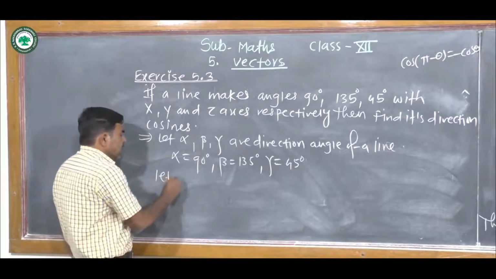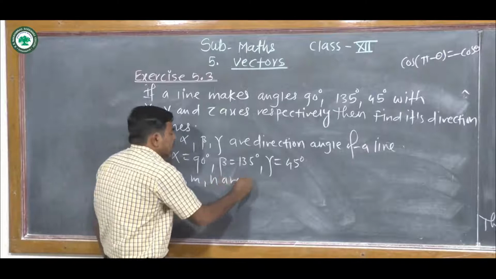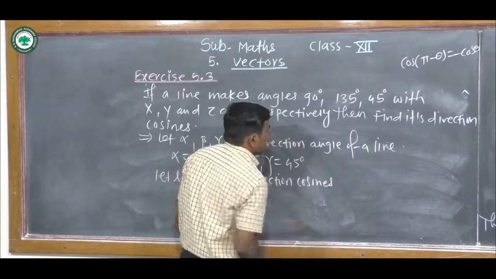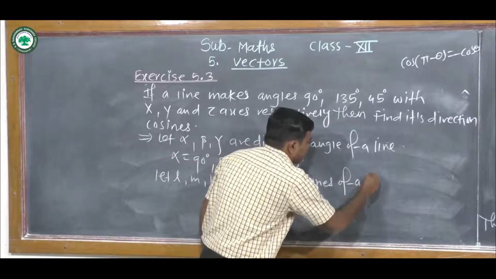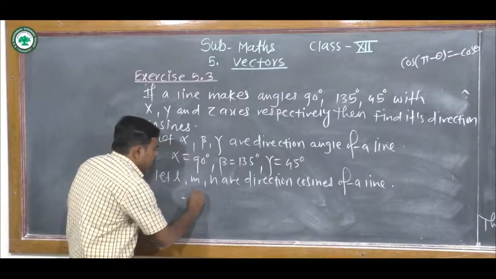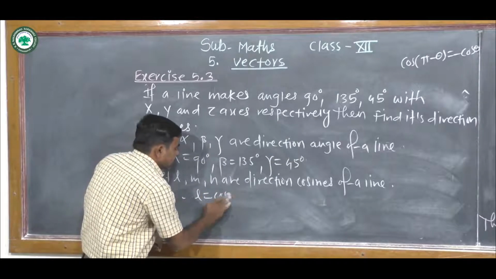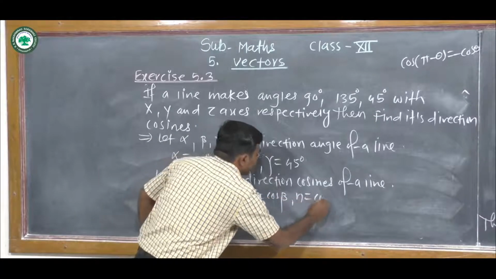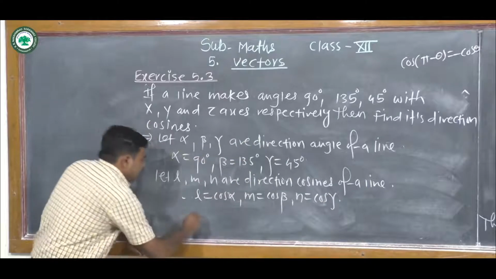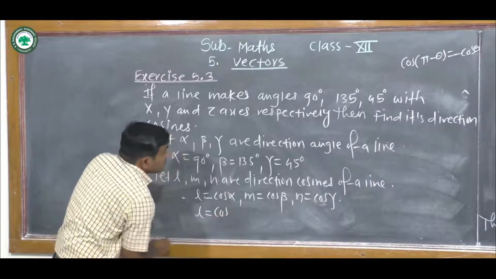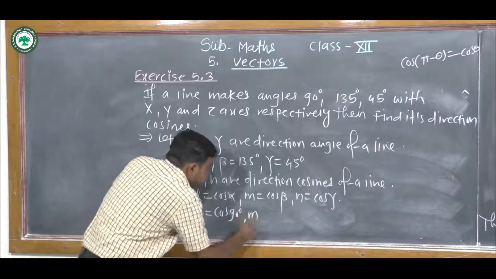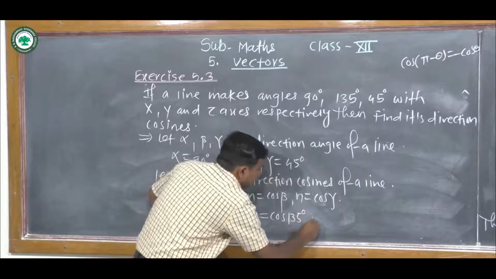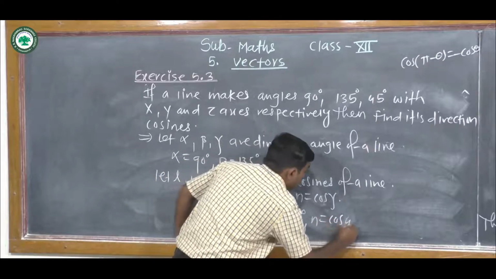Let L, M, N be direction cosines of a line. So we have the formula L is equal to cos alpha, M is equal to cos beta and N is equal to cos gamma. That is, L is equal to cos of 90 degree, M is equal to cos of 135 degree and N is equal to cos of 45 degree.